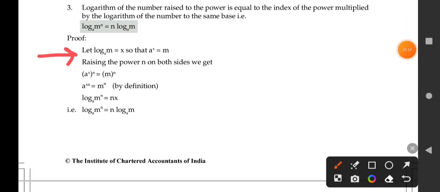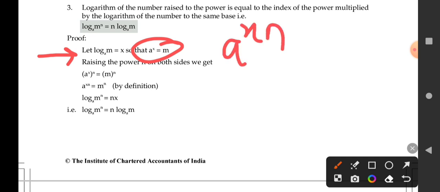What do we have? Log m to the base a is equals to x. So what can you transform into? a power x is equals to m. Now raising the power n on both the sides. Now on this equation you get a power xn equals to m power n. Now let us transform into log form.